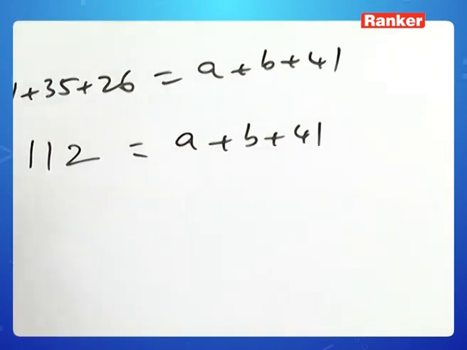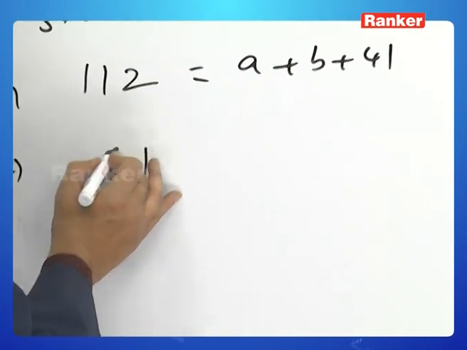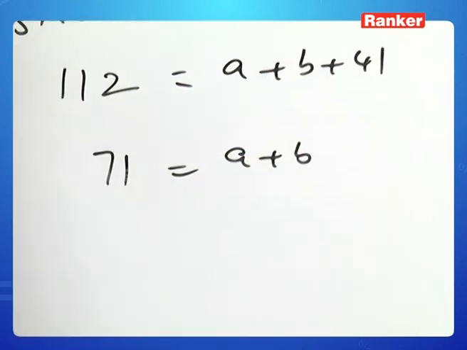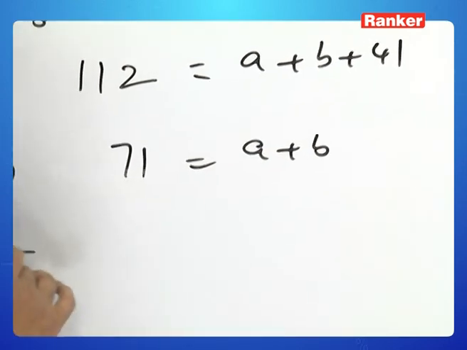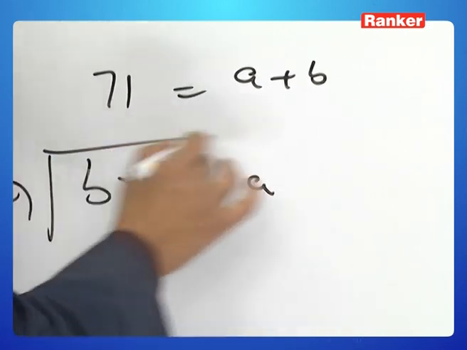You bring 41 this side. What happens? 71 is equal to A plus B, or B is equal to 71 minus A. Call this information 1.